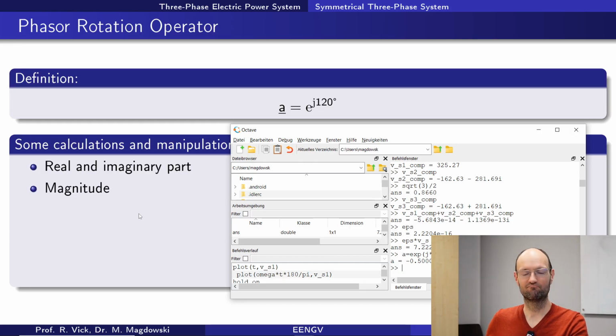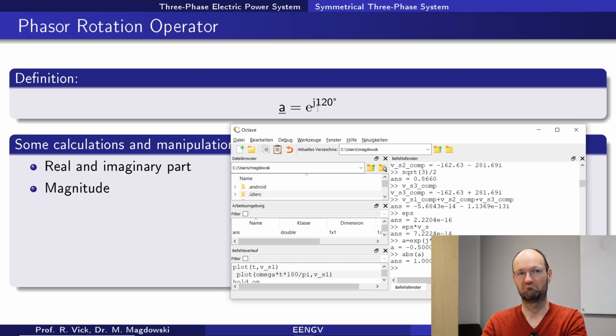Okay. Who's good at doing this calculation in the head? But if you just look at the brief definition, what should be the magnitude of this? Yeah, it should just be 1. It's just a rotating phasor on a unit circle. So if we take the magnitude of this, it's 1 by definition.